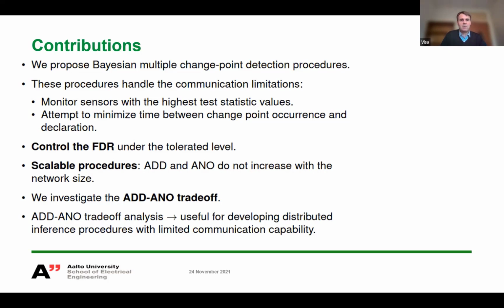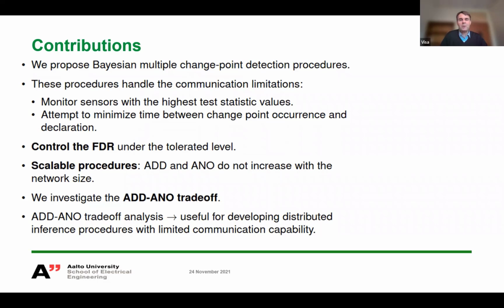At the same time, you wish to control the false discovery rate for this decision making. We have also established results that these procedures are scalable, so that the average detection delay and average number of observations do not increase, even though the number of sensors grows. In fact, these will be constants that are independent of the number of sensors.